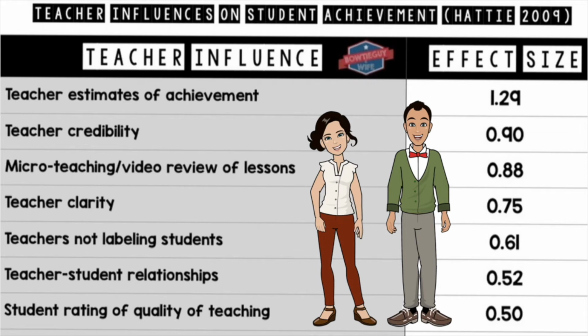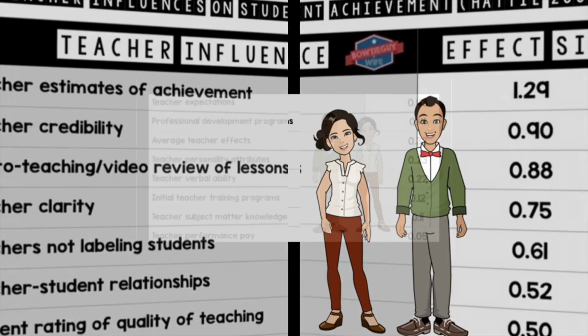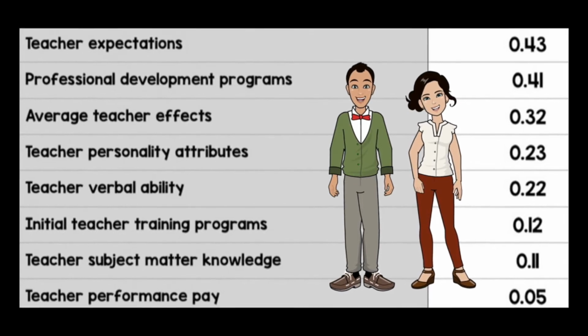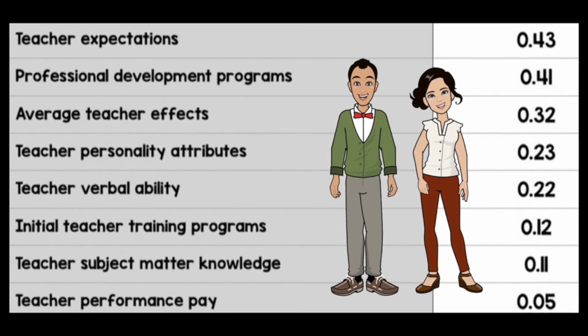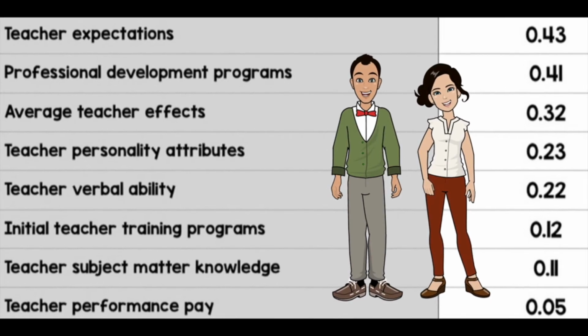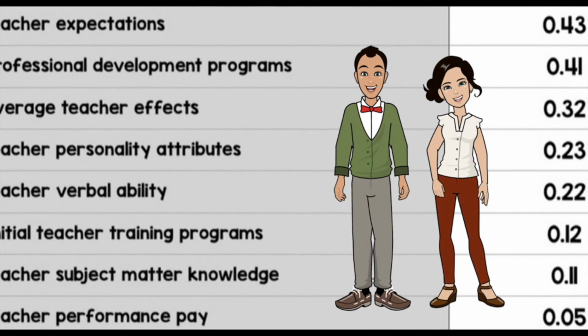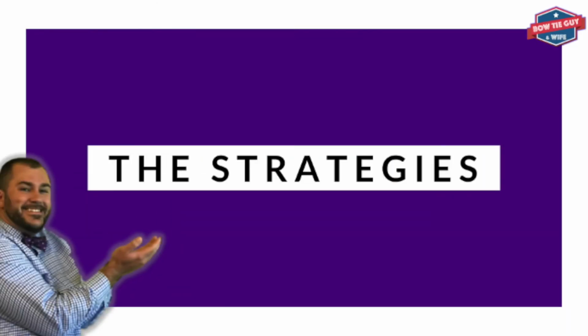As you see, not much of an effect. Research doesn't really support that. Now, to review, teachers have an enormous amount of influence over students. Be careful what you say, be careful what you do, because everything you say and do has some sort of influence, whether it be positive or negative. And now, let's discuss some of the strategies.